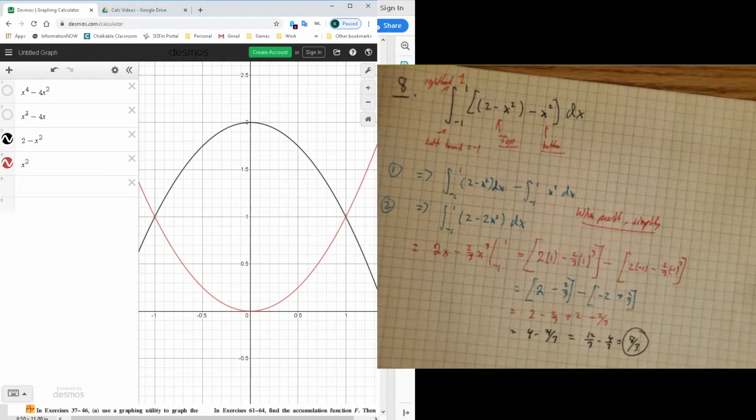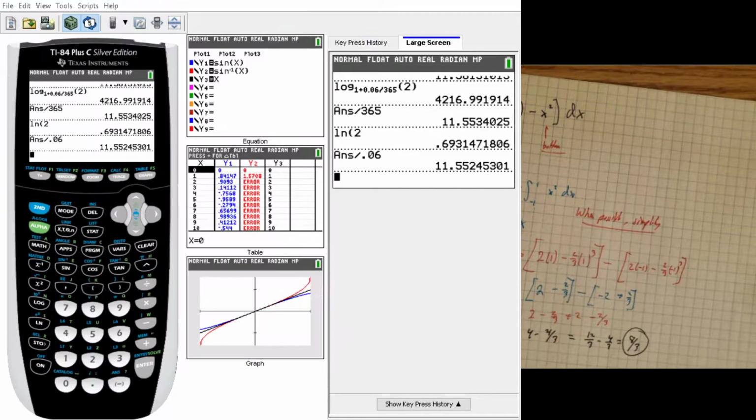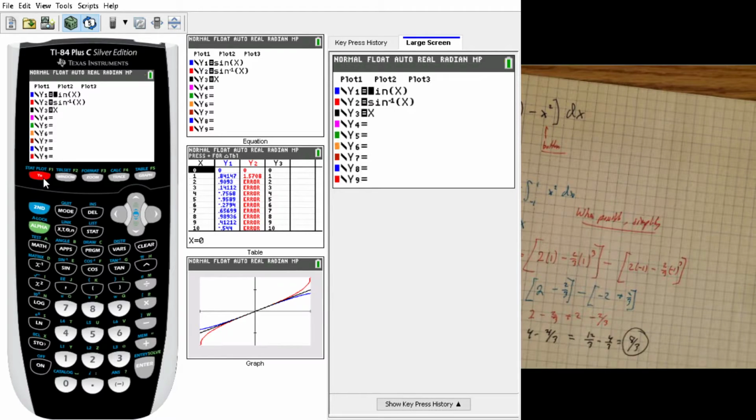And I can verify that using my TI-84. So remember, my TI-84 allows the ability to graph these kinds of functions and to evaluate those manually. So I'm going to use the calc command. Need to put them in my graph first. Let's get these in.